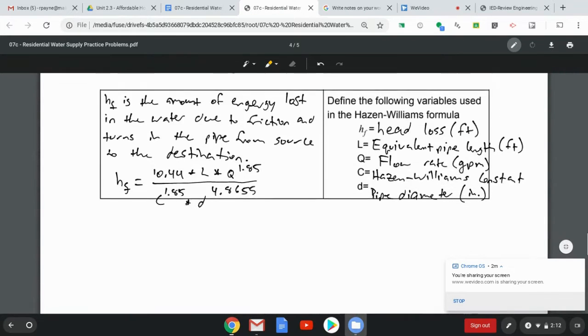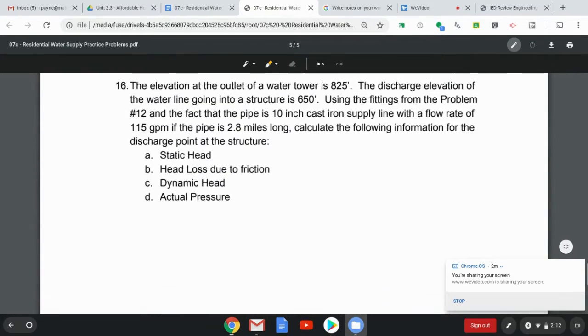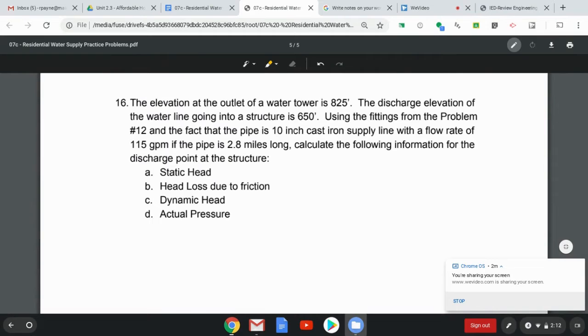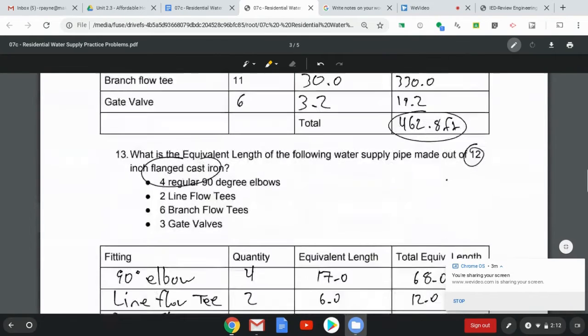Okay, so that's number 15. And number 16, one more example problem. So we're going to go through the whole process: static head, head loss due to friction, dynamic head, and actual pressure. Based on this problem, the source elevation is 825 feet, the discharge elevation is 650. All the fittings are from problem 12.